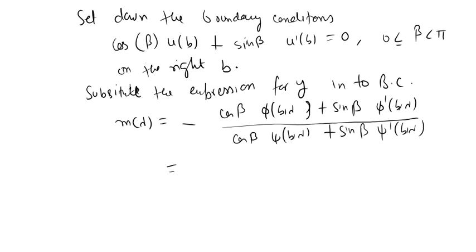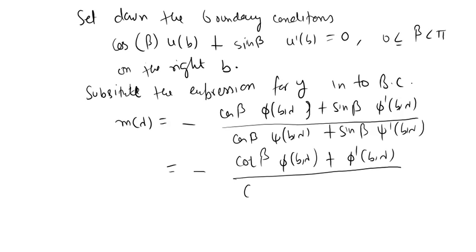Just divide by sin beta in numerator and denominator, so you get minus cot beta, taking sin beta common, plus phi dash, and then in the denominator again cot beta psi b lambda plus psi dash b lambda.